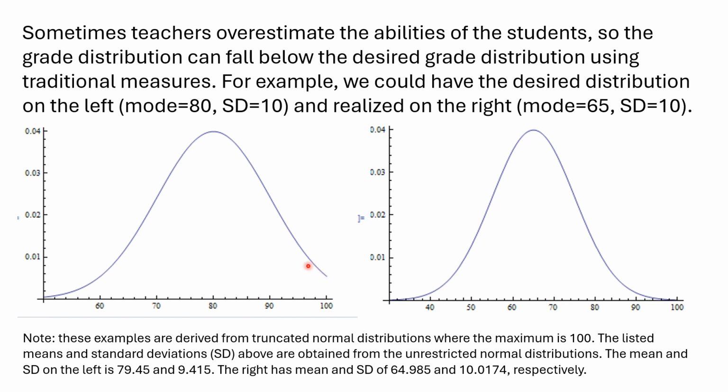And let's assume that the teacher administers the exam and then grades it, and lo and behold, at the end, the teacher discovers that the students only scored with a distribution whose mode was 65, and the standard deviation was the same. So if we were to use the scheme in the previous slide, where students who earn 90% to 100% get A's, then we see here that relatively few students will get an A, and also relatively few students will get B's.